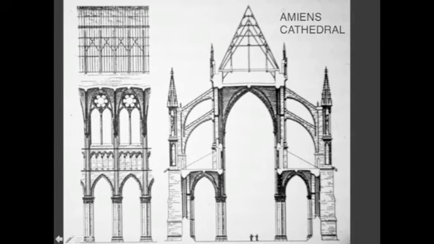So the stone vault provides structure and supports the walls, but there's also this other kind of, let's call it roof, to use a technical architectural word that you're perhaps familiar with, that works in tandem with the stone vault to support it, and that also provides the membrane that keeps the weather out. So it's a little bit of a composite structure.